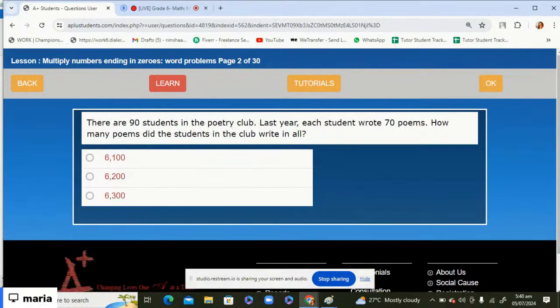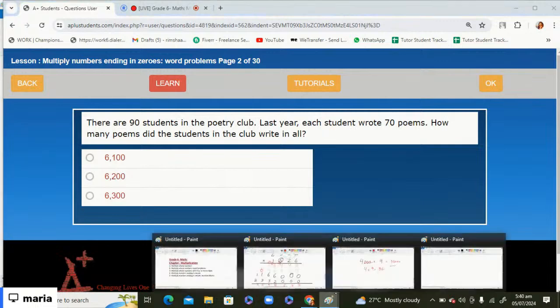There are 90 students in the poetry club. Last year, each student wrote 70 poems. So, how many poems did the students in the club write in all? So, 90 students, and each student wrote 70 poems. Let's check. 90 times.